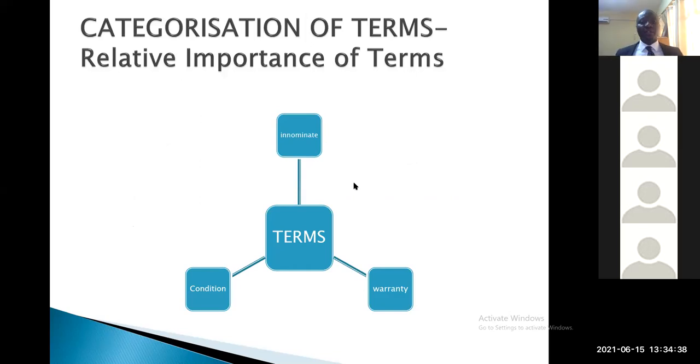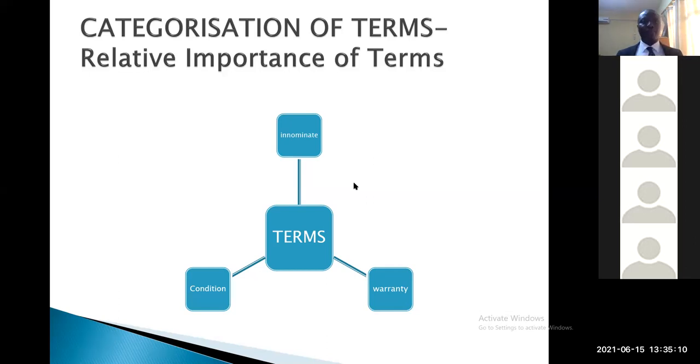So with respect to categorization of terms, we said that our interest lies in understanding the basic question, whether terms of contracts are of the same status or some are more important than others. And we answered that question in the affirmative, that yes, some terms are more important than others.